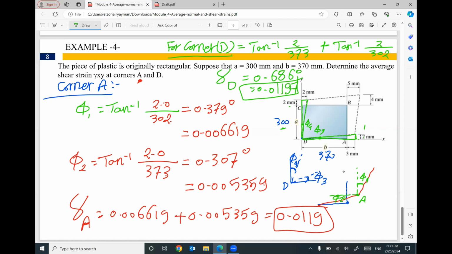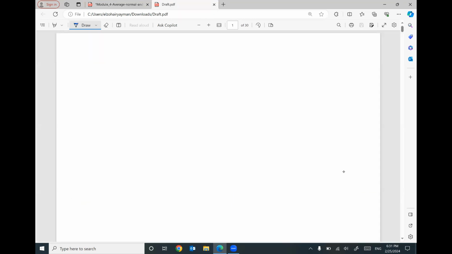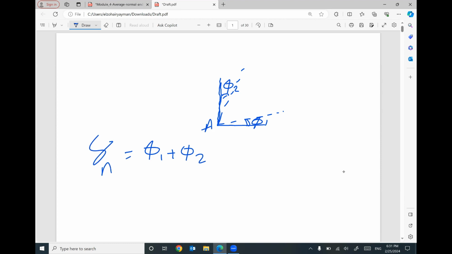This is the shear strain at corner A, and this is the shear strain at corner D. So remember, if you would like to figure out the shear strain at any corner, originally this corner was a right angle, but after deformation like this one and this one, we have a change in the angle phi 1 and phi 2. If you add phi 1 plus phi 2, you can get the shear strain at this corner A, for example, and keep in mind this phi should be in radian.